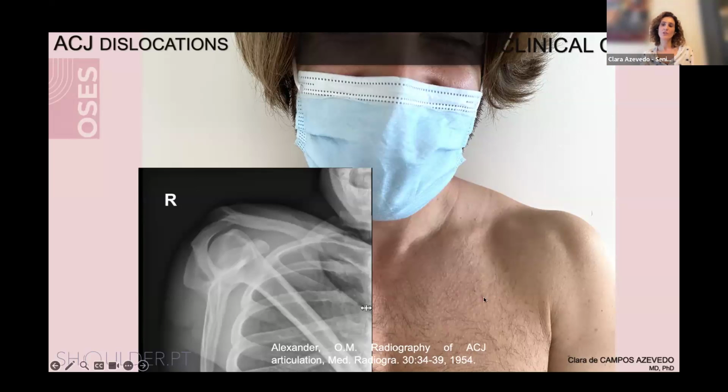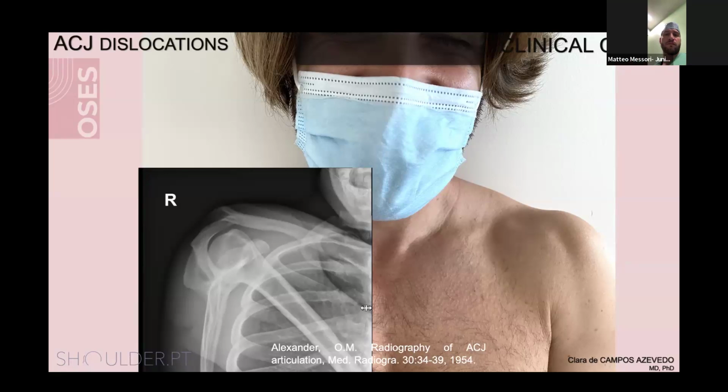Alex, I have a question for you. Do you think with this X-ray, we can assess some of the protraction of the scapula or not? Is it possible to see the drooping of the scapula in this incidence? No, I think you saw it a little bit on the first X-ray that you showed.